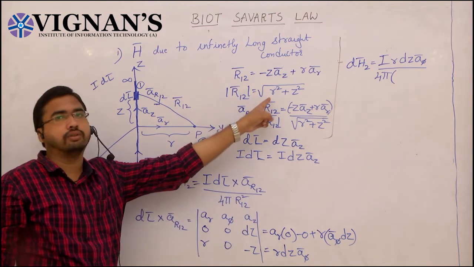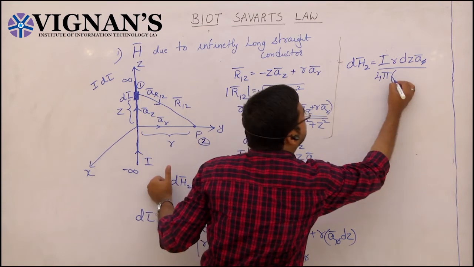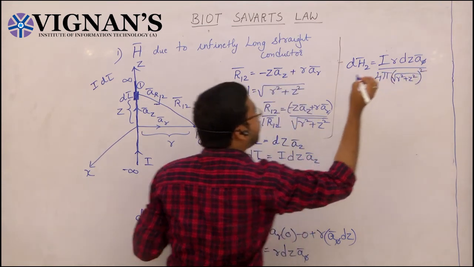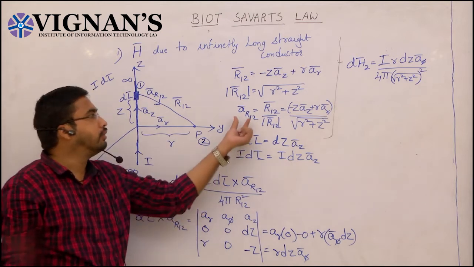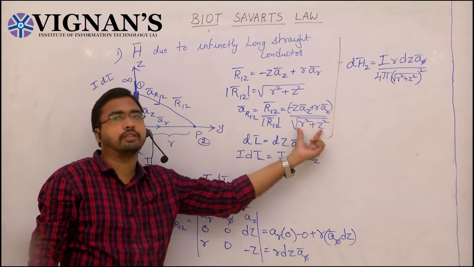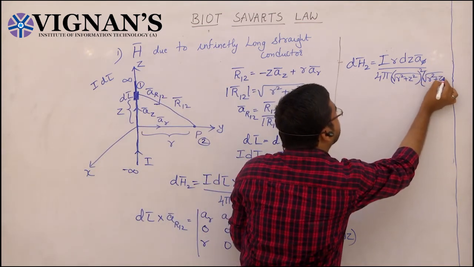Magnitude of the distance is root over r square plus z square, root over r square plus z square whole square. And also for this unit vector ar12, you are having one more root over r square plus z square. Substitute that also, root over r square plus z square.